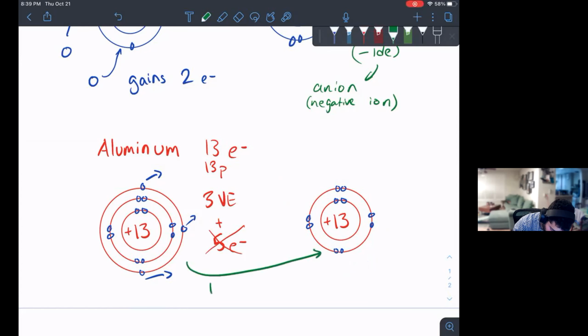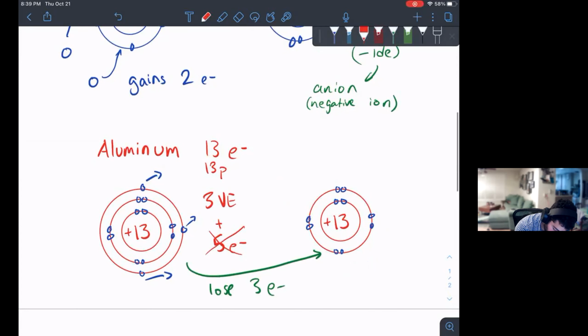So what we're going to do here is lose 3 electrons. And then we get this. Because we have lost 3 electrons, we now go to 13 protons still and 10 electrons. So our net charge is going to be 3 plus. And we'll call this Al 3 plus.